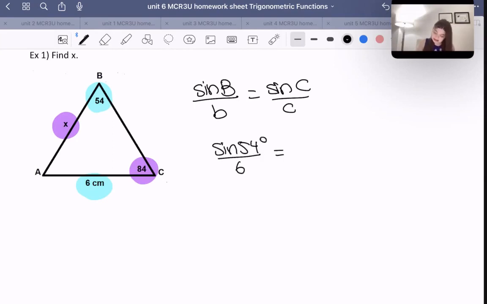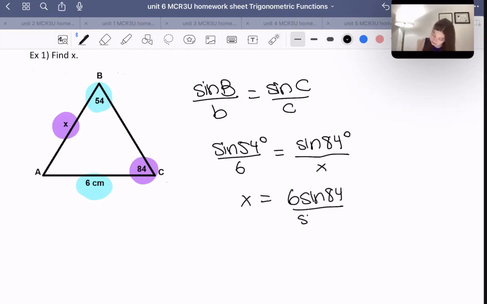Sine C is sine of 84 degrees over side C, which is equal to x. Now I'm going to cross multiply and change some things around in order to get x equals blah, blah, blah. So x is equal to 6 sine 84 over sine 54.